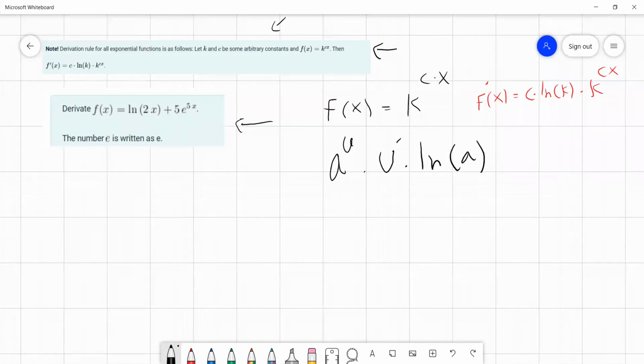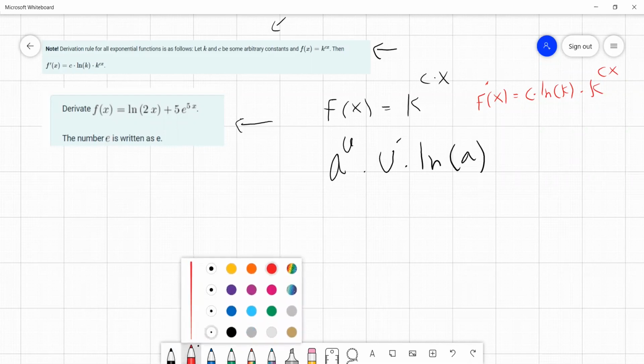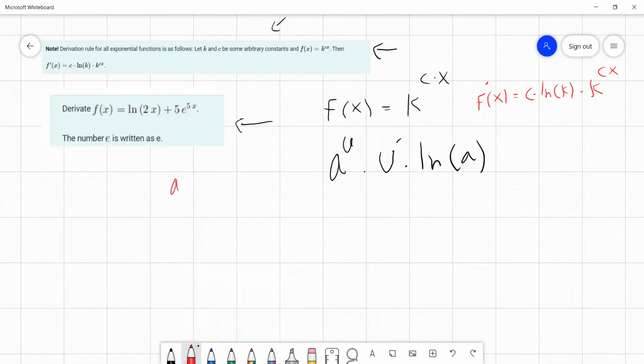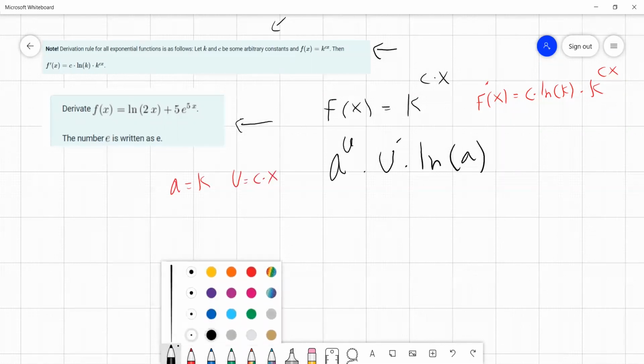All right, so let's use the same formula now to take the first derivative of f(x), the original function. So a to the power of u. Let's assign a to k and u to c times x, and continue from there.